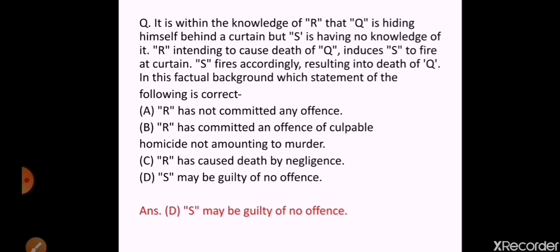Option B will not come, because option B says culpable homicide not amounting to murder, but the correct answer is that R has committed the offence of culpable homicide. So the appropriate option is D, and this is also based on illustration B of section 299.